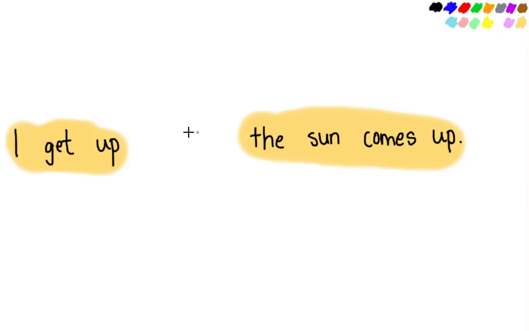Well, I get up when the sun comes up. So this is called the present simple tense, and it describes something that I always do or usually do. Not just once or in the past, but always. I get up when the sun comes up.